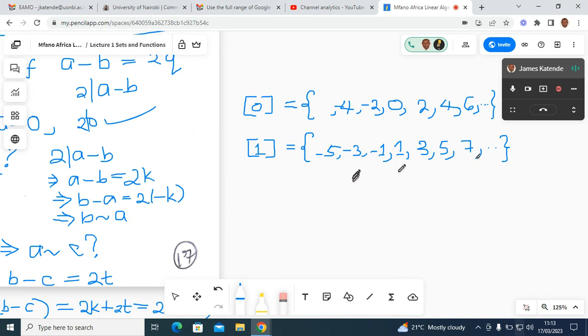So let's check what happens. You can't get any new equivalence classes. It doesn't matter which number you pick. The reason for that is that all the numbers have already been slotted in one of these equivalence classes. So to see that all the integers have been covered, you can start from 0, you go to 1, 2, 3, 4, 5, 6, 7.